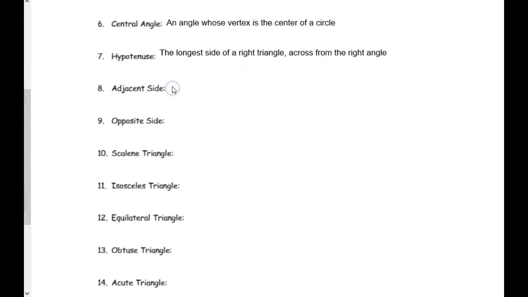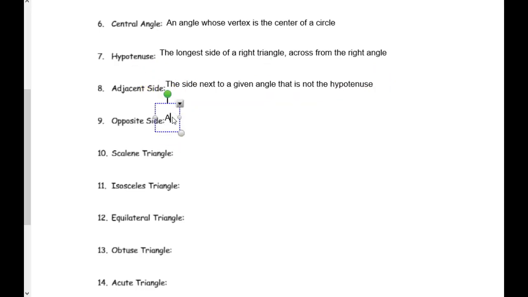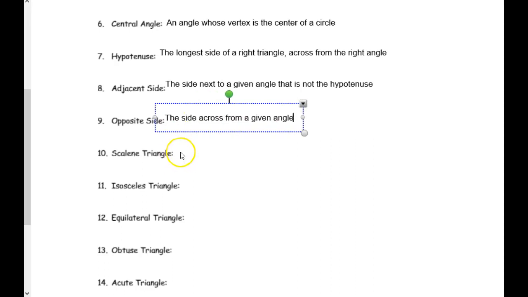Adjacent side, the side next to a given angle that is not the hypotenuse. Opposite side, the side across from a given angle. Scalene triangle.